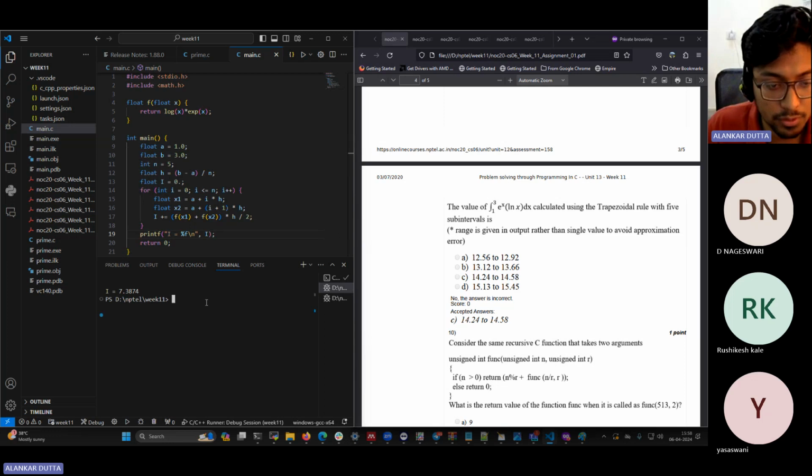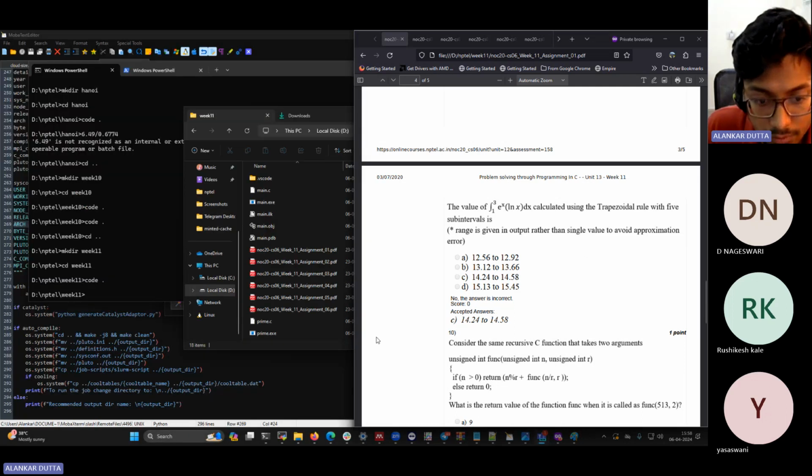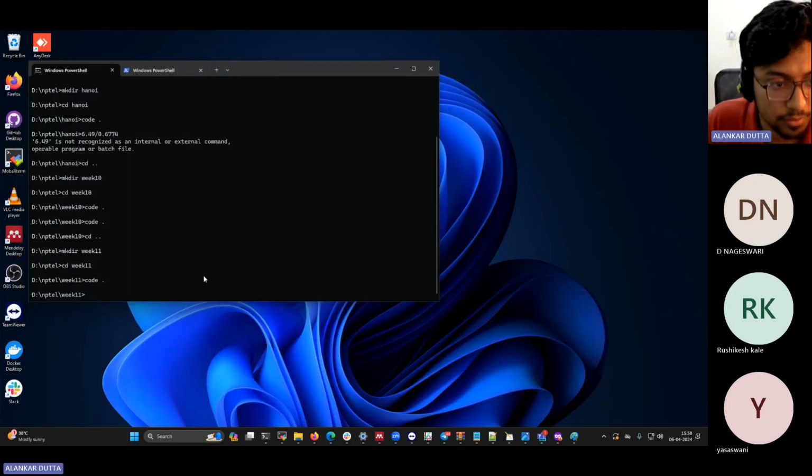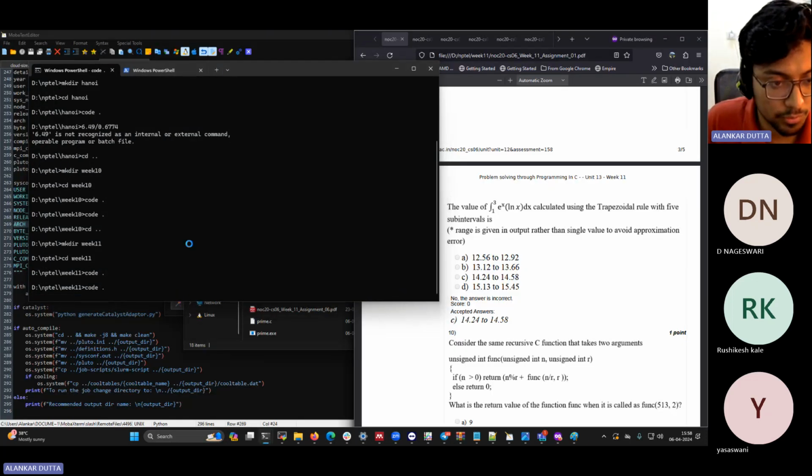No, for some reason this is not running, so let me close VS Code once just to have this restarted and restart my thing. There seems to be some problem.